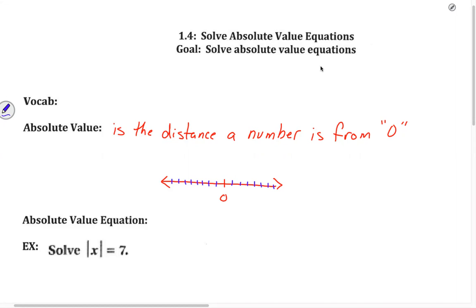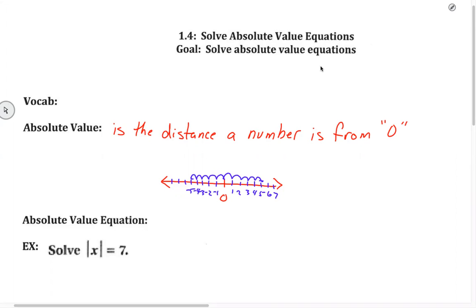So we could be at 1, 2, 3, 4, 5. Or we could be at 1, 2, 3, 4, 5, and that would be -5. So we could be either at +5 or -5.